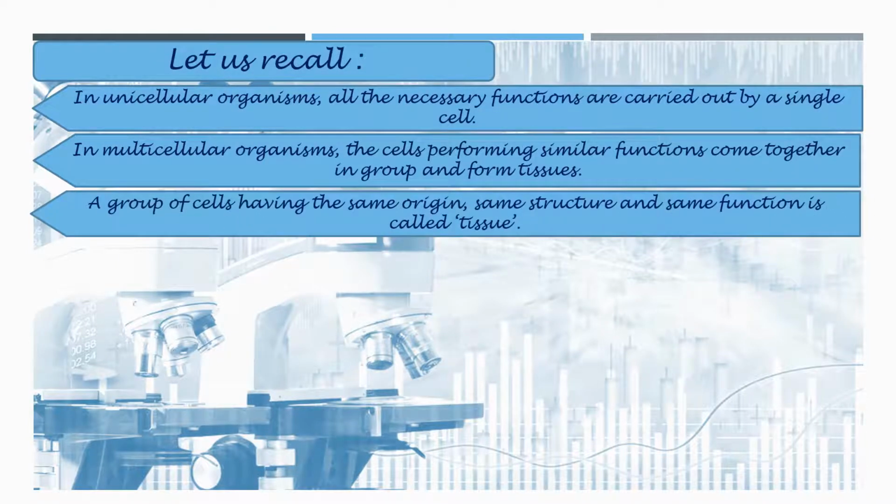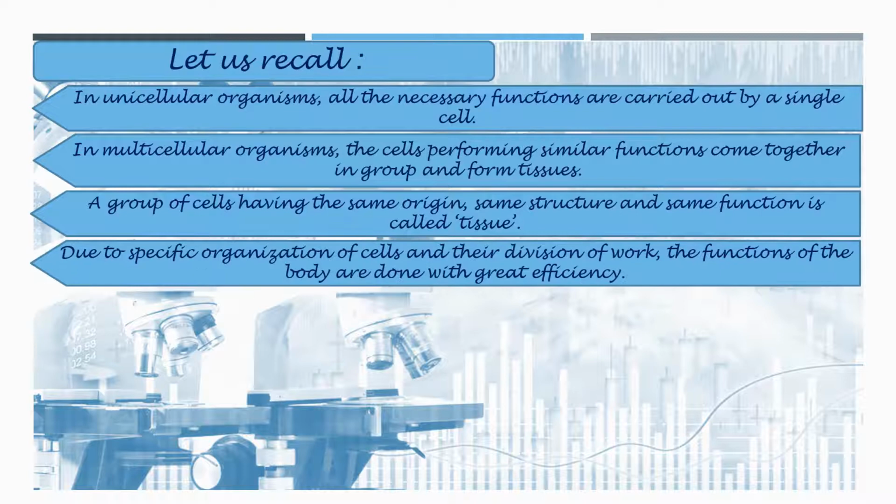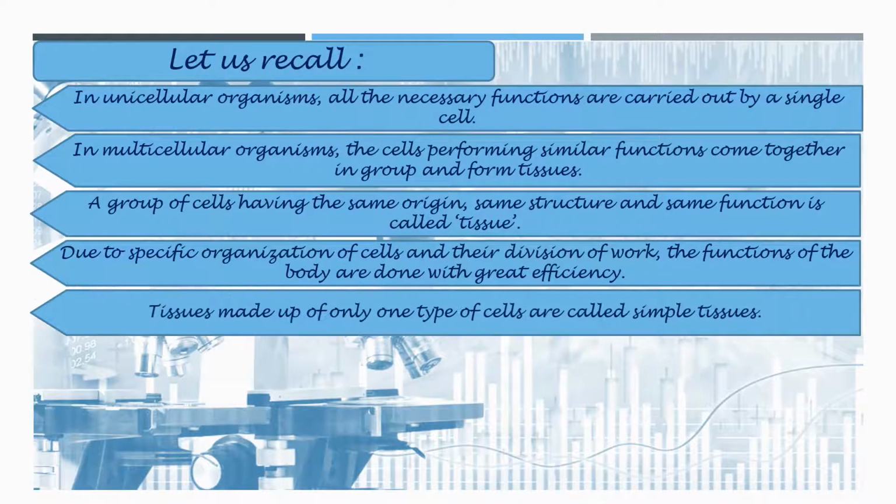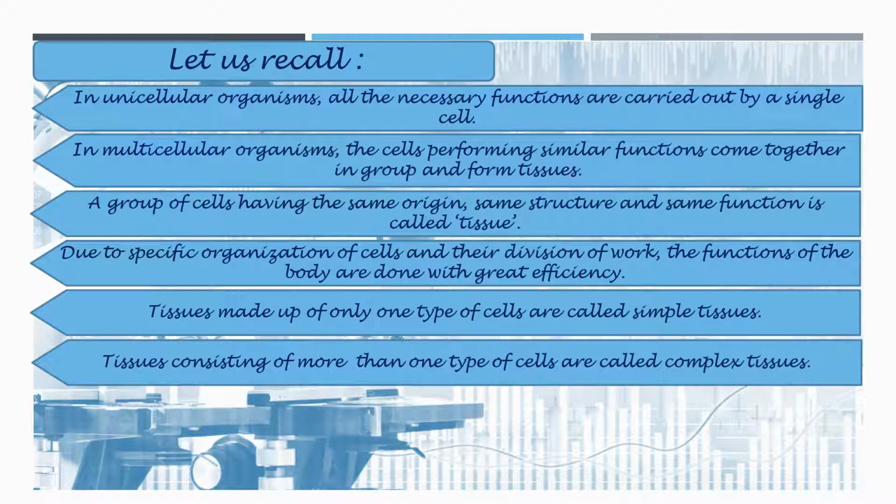A group of cells having the same origin, same structure and same function is called a tissue. Due to the specific organization of cells and their division of work, the functions of the body are done with great efficiency. Tissues made up of only one type of cell are called simple tissues, and tissues consisting of more than one type of cell are called complex tissues.